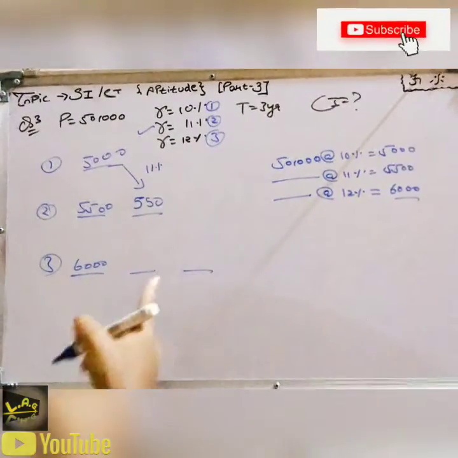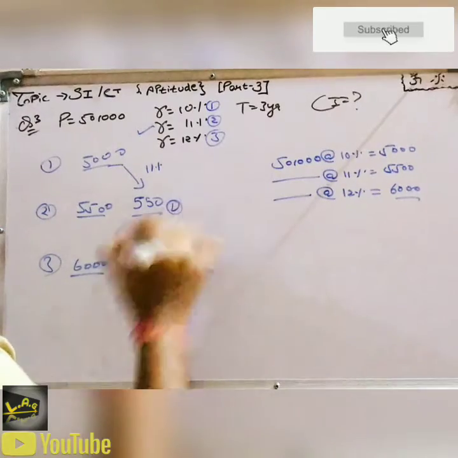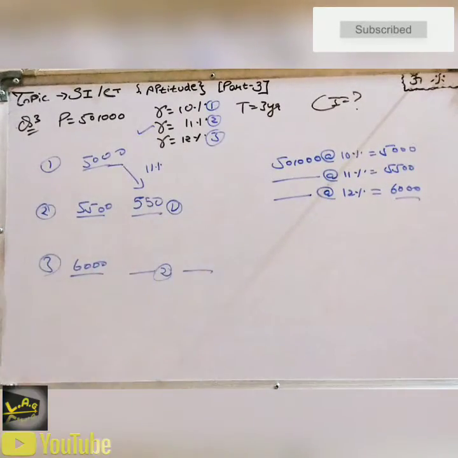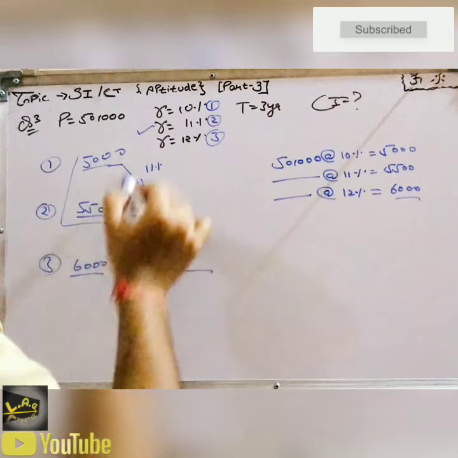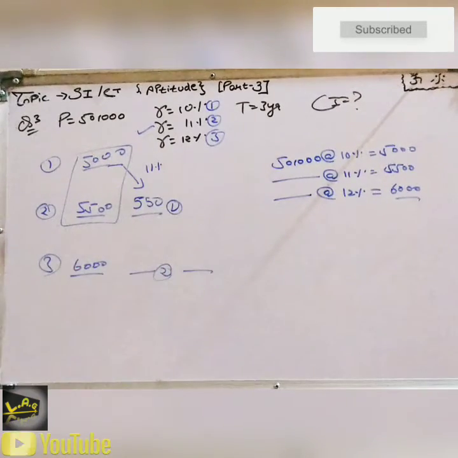Right? Now for the second one, this is number 1, this is number 2. Now for the second one, add these two values as I told you in the previous question and take the 12%.